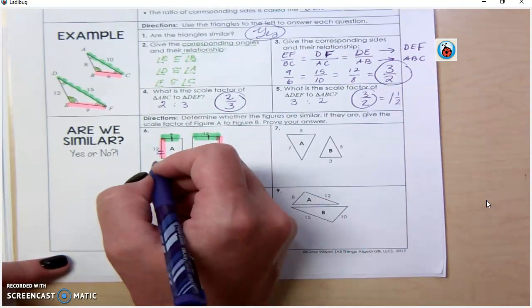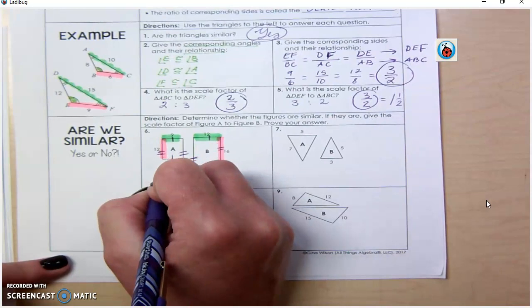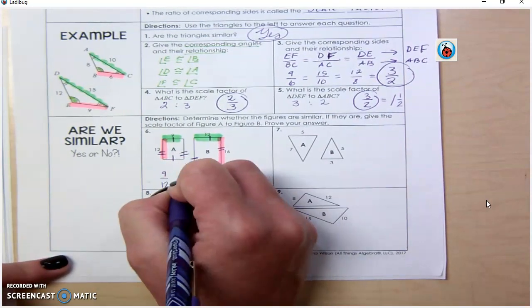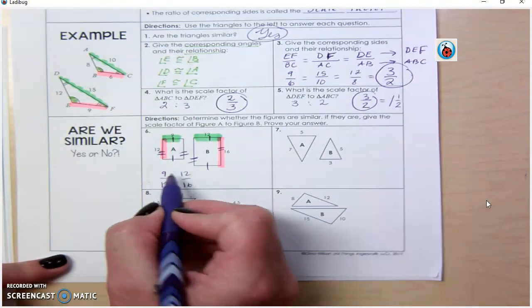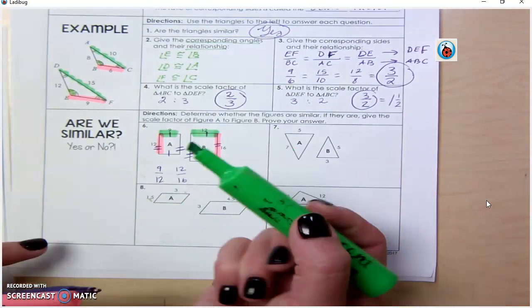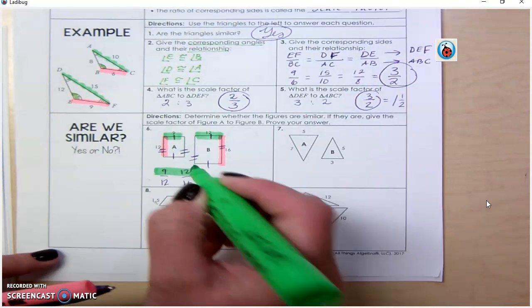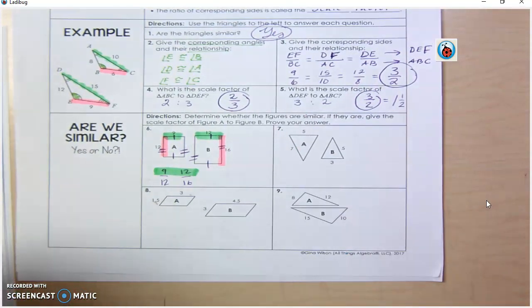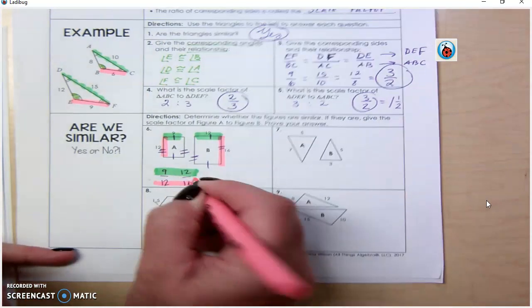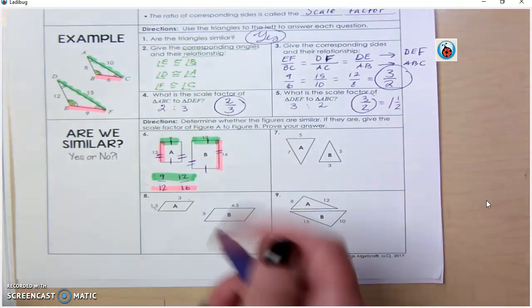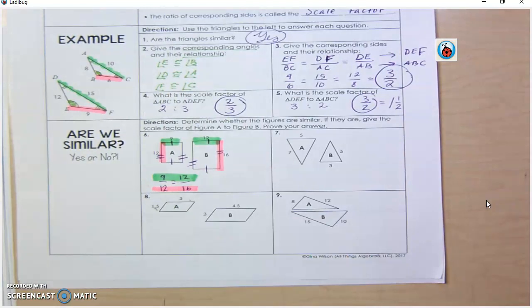All right, let's set up our ratio. 9 to 12 as 12 to 16. Super important. Both of my green sides are in the numerator. Both of my pink sides are in the denominator. I'm double checking that my proportion is set up correctly.